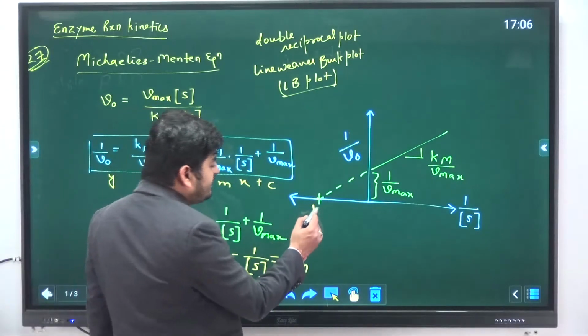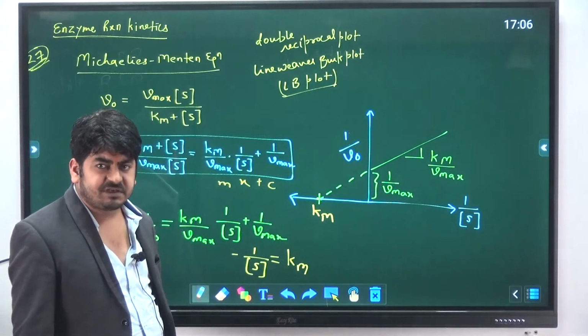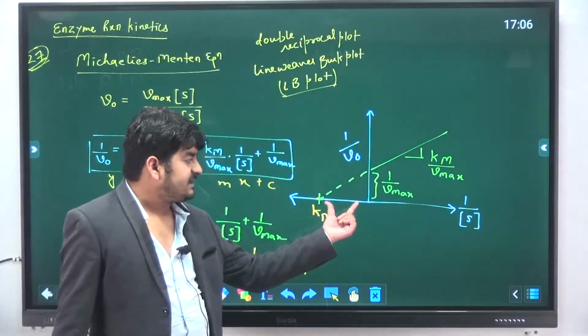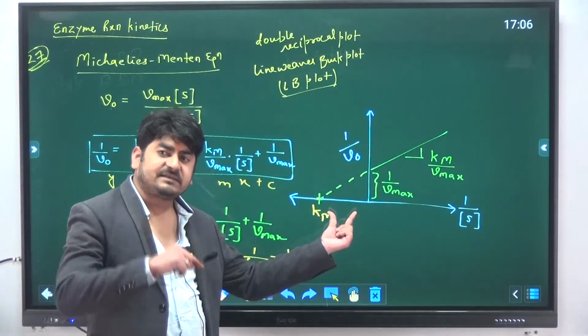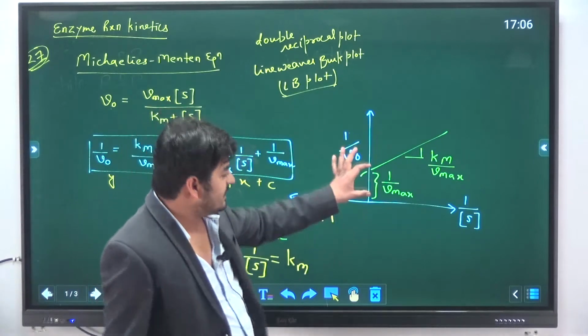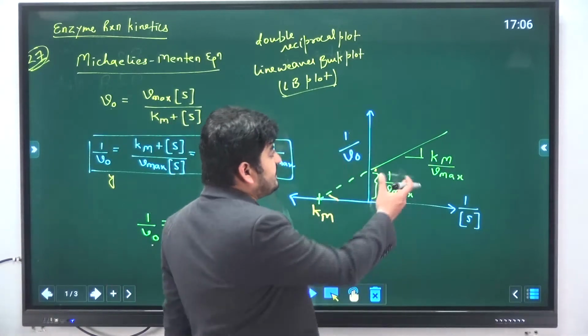So at this point, this value will be Km, which is the Michaelis-Menten constant. That is the intercept on the x-axis, and this 1 by Vmax is the intercept on the y-axis. So this is the LB plot.